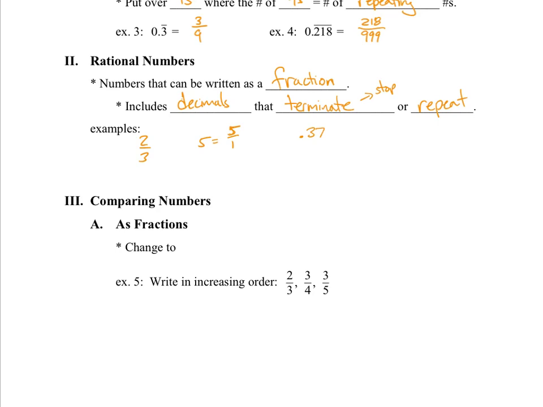So 0.37 is 37 over 100. This is what we'd call a terminating decimal, right? 0.3 repeating equals 3 over 9, which equals 1 over 3. This is your repeating one.